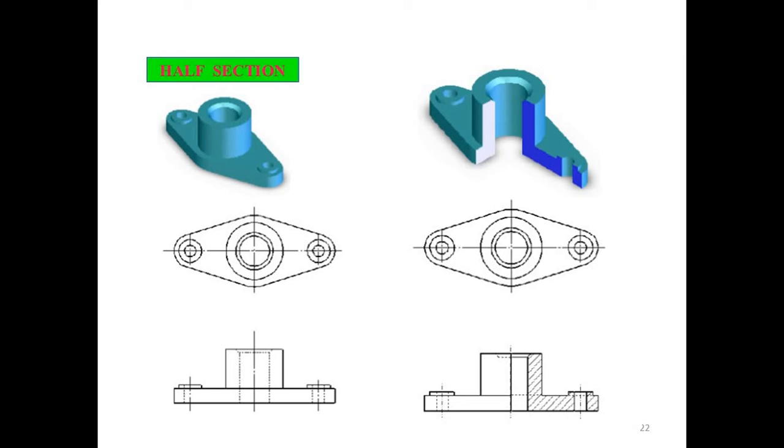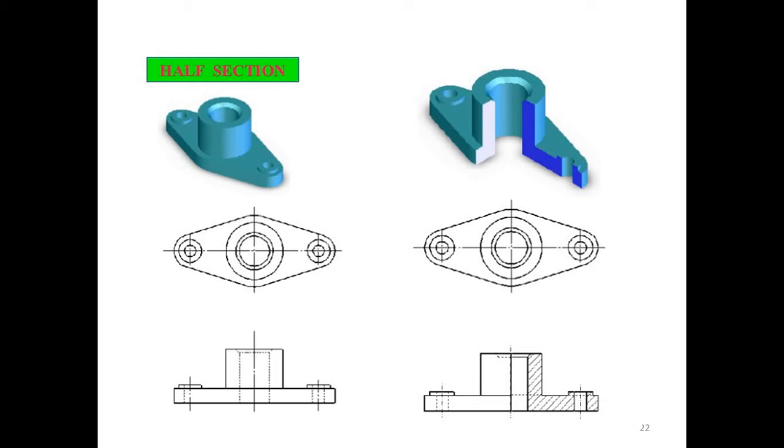But in case number 2, the half section of the component is taken, that is, the component is cut by two cutting planes which are at 90 degrees, that is right angle to each other, and that portion is shown by blue lines. When we see the orthographic view considering its half section, the hatching line is there.